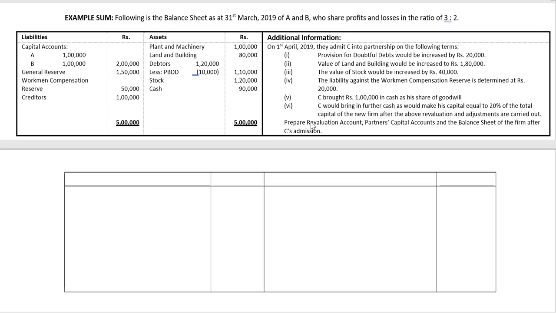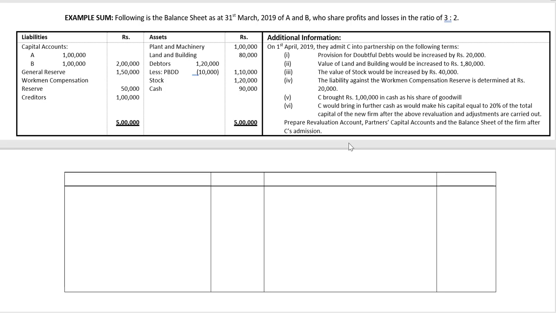So now on the sixth point, where it says C would bring in further cash as would make his capital equal to 20% of the total capital of the new firm after the above revaluation and adjustments are carried out. This statement tells us that we have to make the adjustment of capital as per method 2, where we will calculate the capital which is brought in by the incoming partner C based on the capitals of A and B, such capitals after all adjustments are carried out.